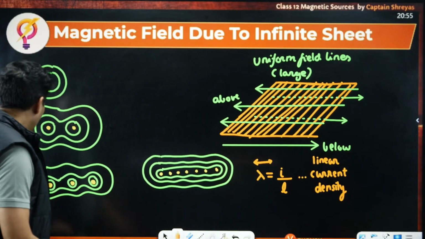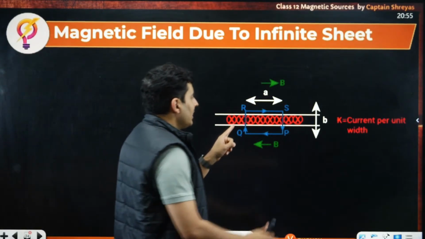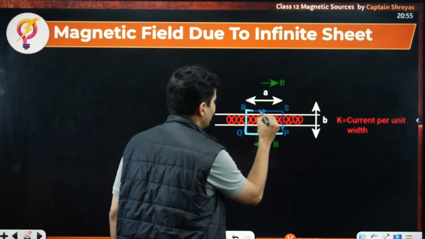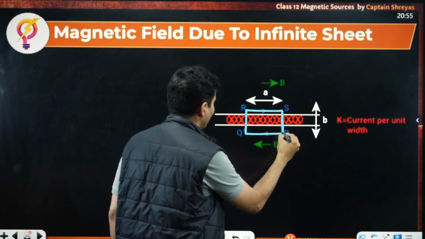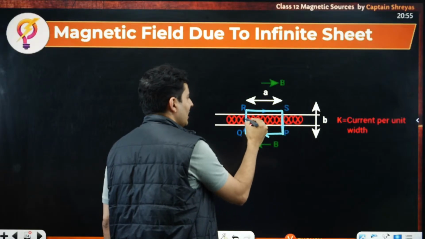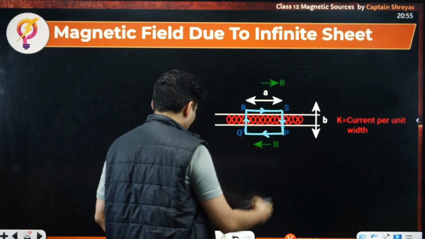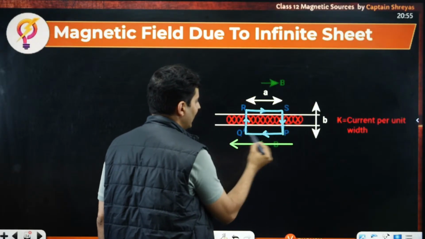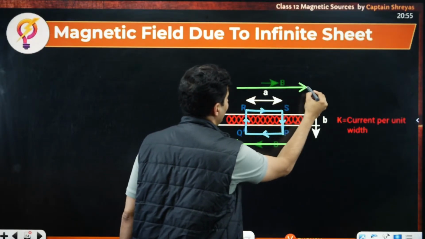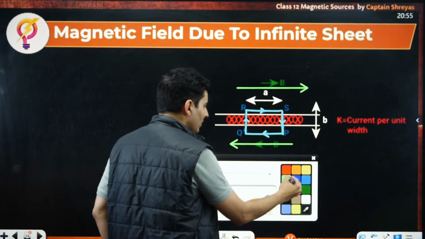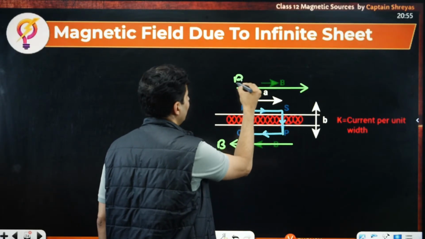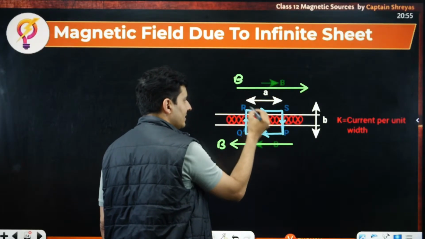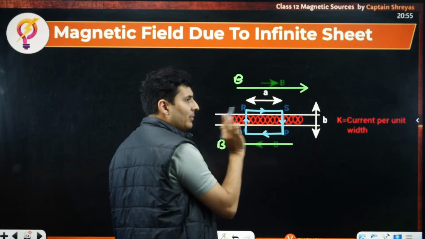Now, as you can see over here, if I take an Amperian path like this, it is a rectangular one. You might be wondering, sir, why did you take a rectangle? You should be able to think why, because below it the magnetic field lines are in this direction, above it the magnetic field lines are in this direction. See, this and this are parallel, and this and this are perpendicular.